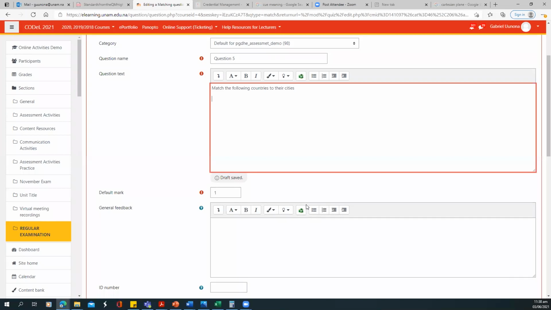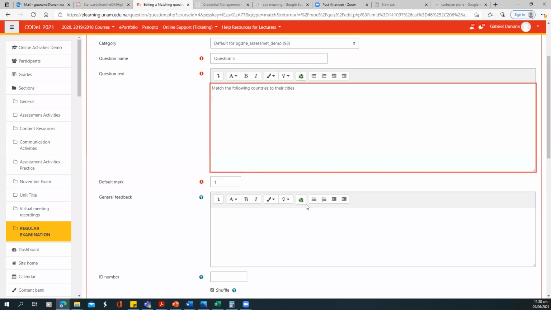Even in medicine, you could match some element to some prescriptions or medications. You can really elevate the difficulty of this question. It can really challenge students.